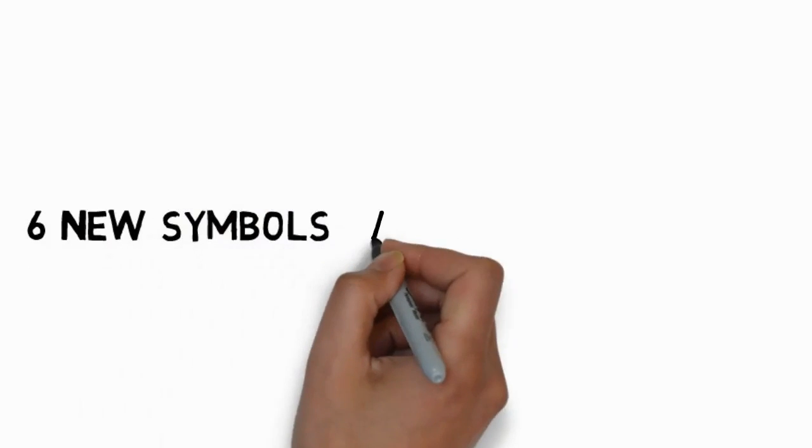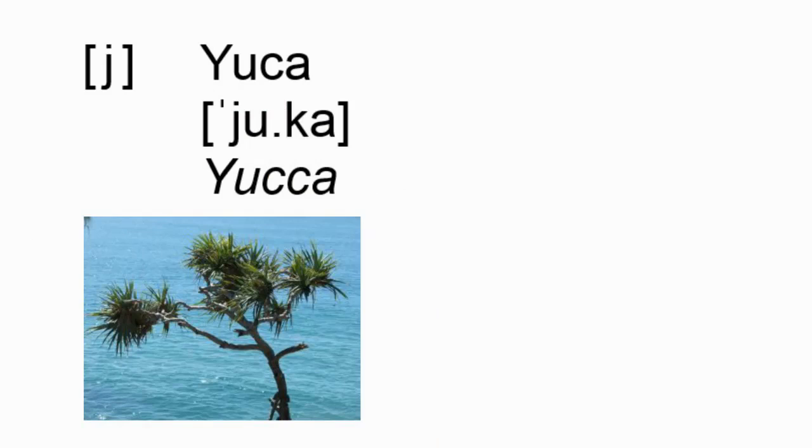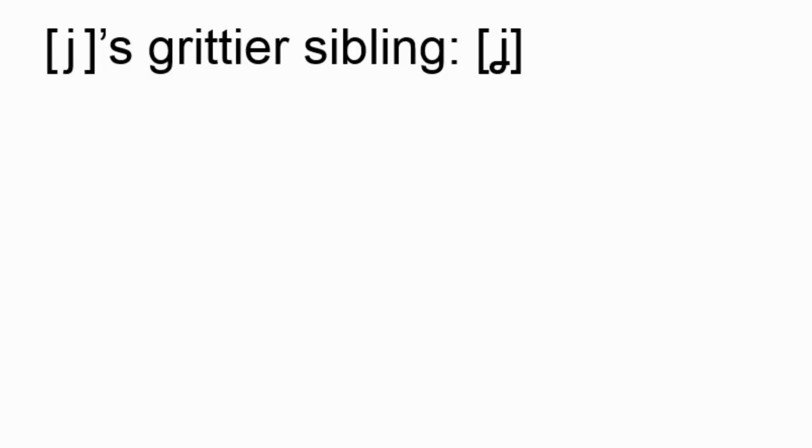Next, we're going to cover 6 new symbols with mostly familiar sounds. The symbol which looks like a lowercase j is Spanish's y, as in yuca, or English's y. Now, what complicates this story is that there is another version of this symbol, which looks like a J with a little curly tail at the end. That sound is basically the familiar English y sound, with a bit more grit to it.